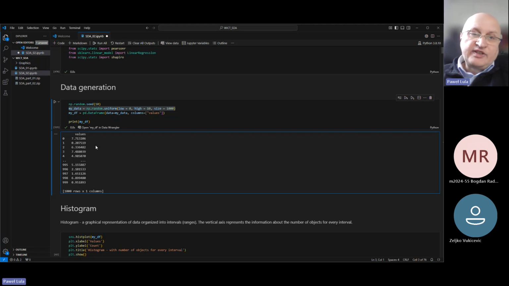And how to describe these values? Because here I generated a series with 1000 elements. Of course we can display them, but it is difficult to analyze a great number of numbers, and we should have some methods for describing these random values.